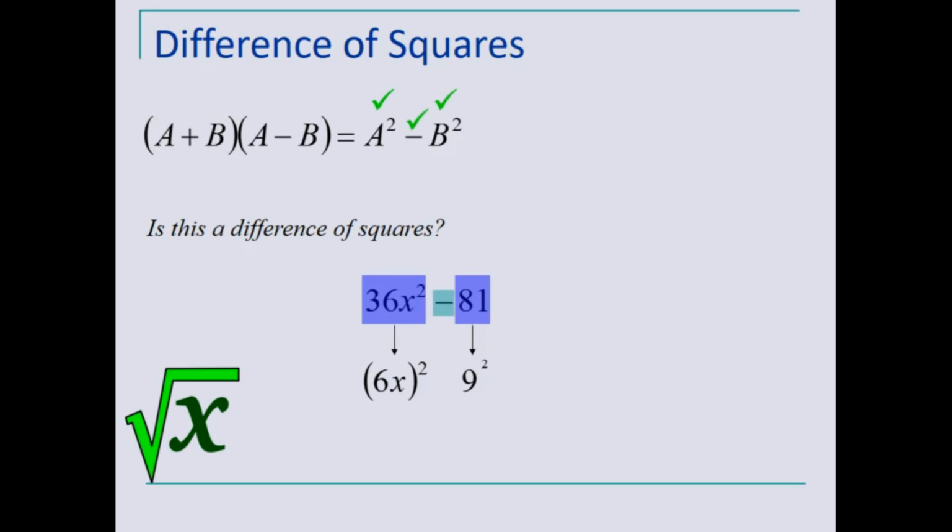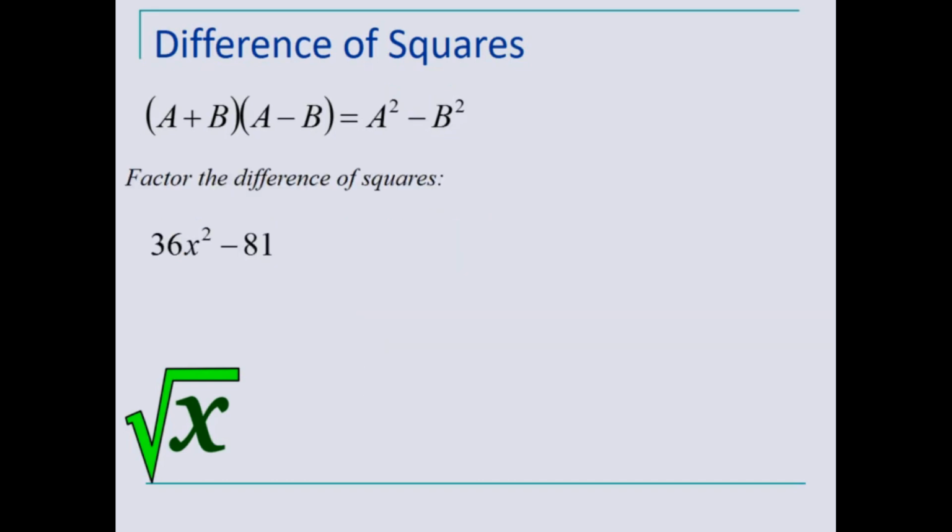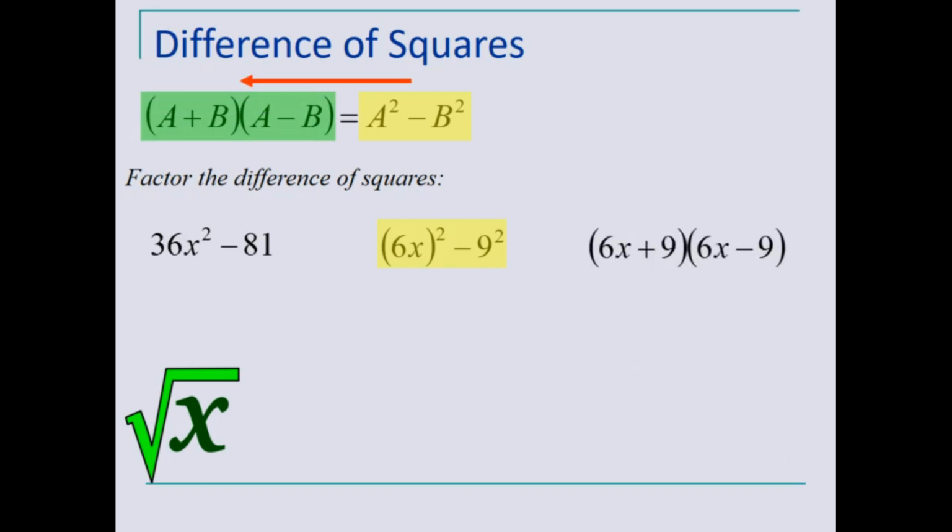And since all three have been met, it is a difference of squares, which means we can factor this into the two binomials that have the same first and second term, one being a plus and one being a minus, with the square root of each of those original terms that we have indicated here.